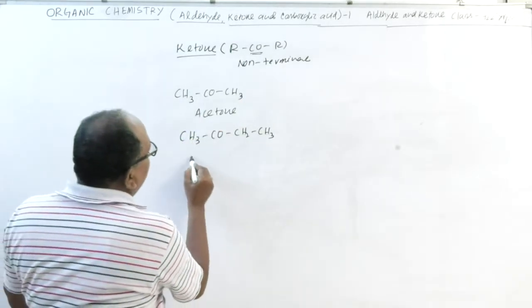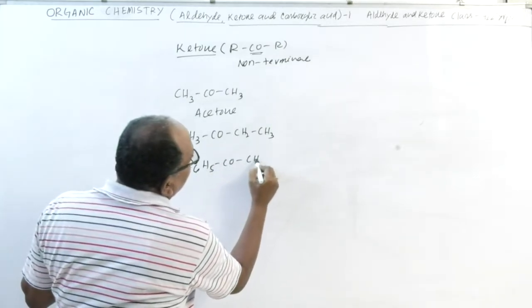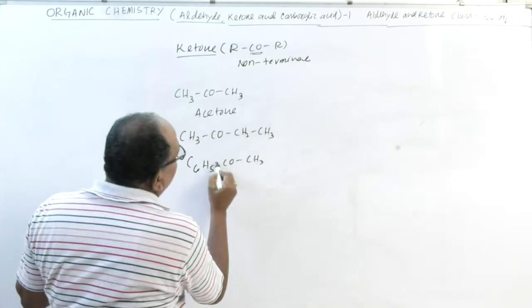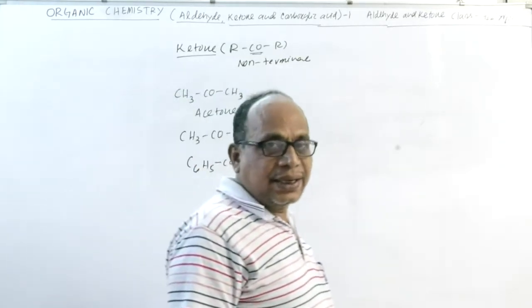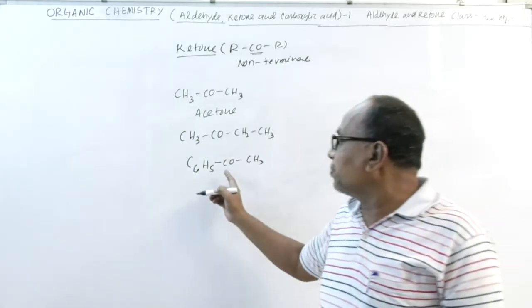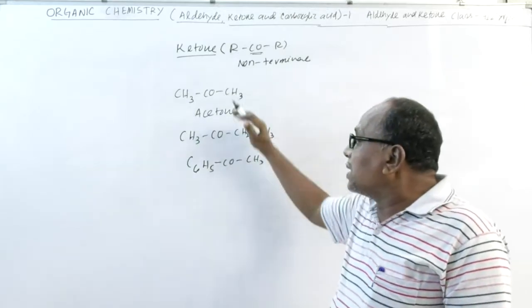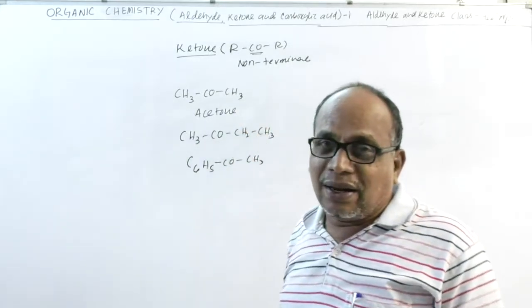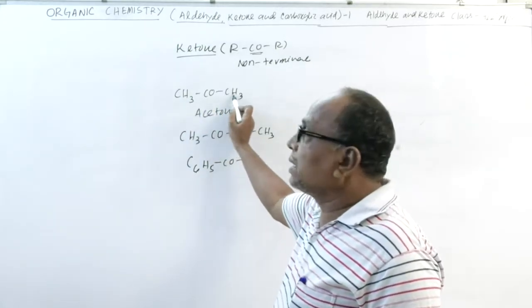Another is aromatic, that is C6H5COCH3. This is an aromatic ketone due to the presence of the benzene ring. Can you say out of these which are symmetrical and which are unsymmetrical? In acetone, this is CH3, this is CH3, both are the same.